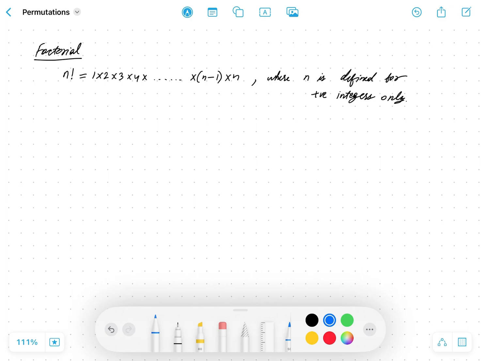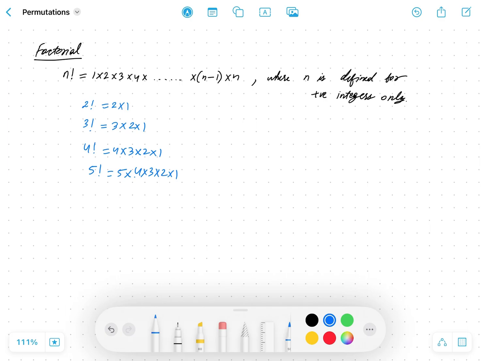For example, 2 factorial means 2 into 1, 3 factorial means 3 into 2 into 1, 4 factorial means 4 into 3 into 2 into 1, 5 factorial means 5 into 4 into 3 into 2 into 1.